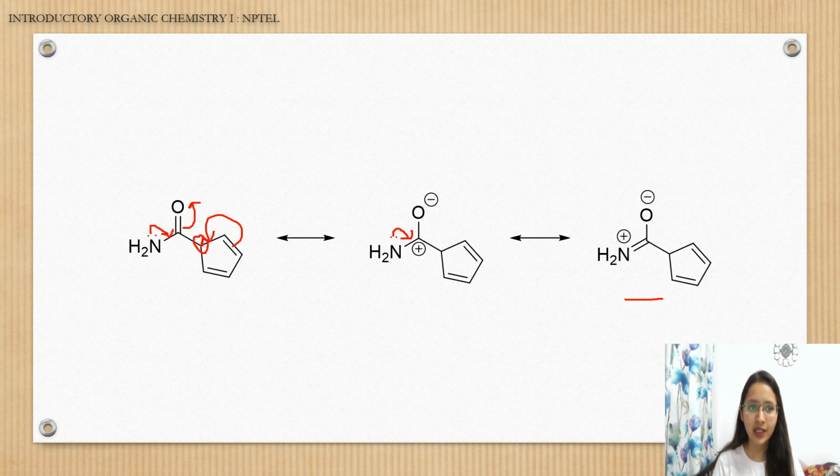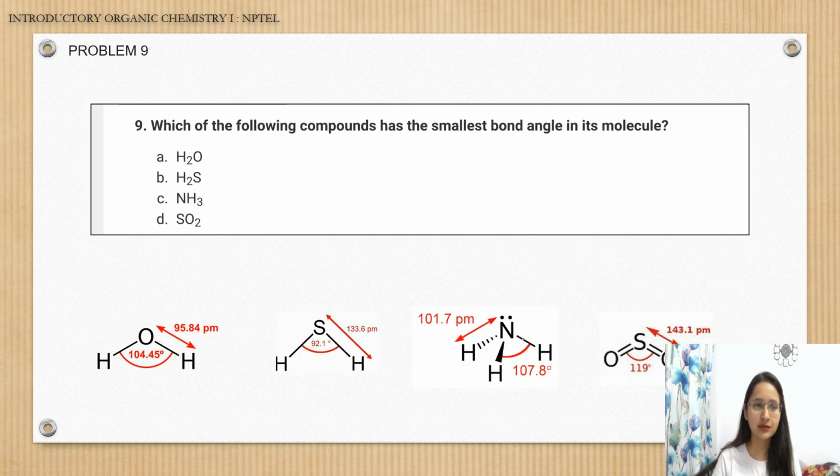So here there are two possible structures: either this carbon will get polarized or this nitrogen lone pair will donate to this bond and this carbonyl oxygen gets a minus charge. So these are the two structures that are possible for this particular system. Is it understood? Okay. Any doubts in this question?